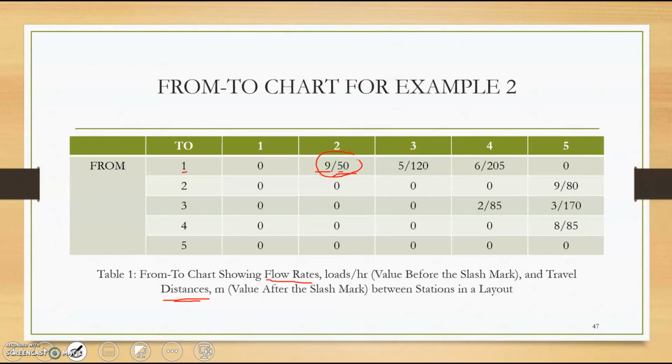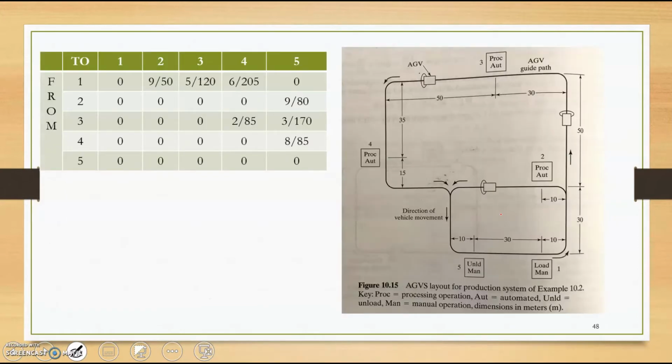Another example is the AGV traveling from station 3 to station 4. The delivery is 2 loads per hour, and it involves 85 meters.